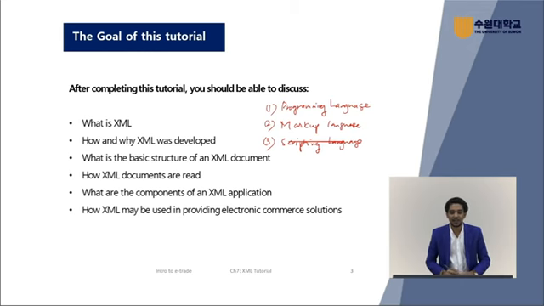Scripting languages are languages that mediate programs to generate data, like JavaScript and Visual Basic Script. HTML and XML are markup languages, and C++ and C# are called programming languages, right? So we are here talking about XML, which is a markup language, not a programming language.